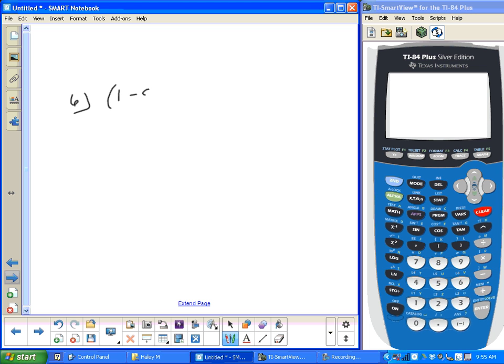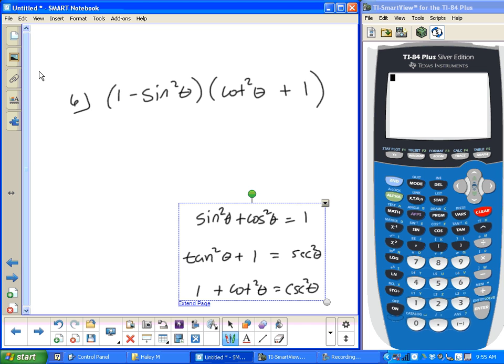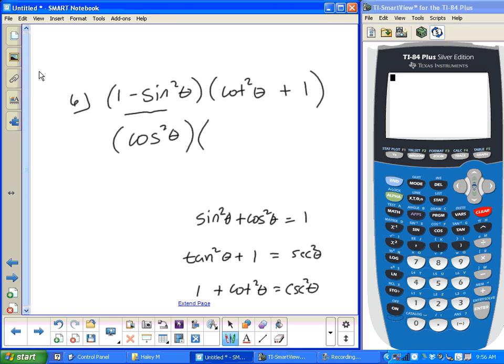We have 1 minus sine squared theta times cotangent squared theta plus 1. Because you have ones and squares here, it's not a good idea to try to factor that out. But let's look. 1 minus sine squared is cosine squared. Cotangent squared plus 1 is cosecant squared.